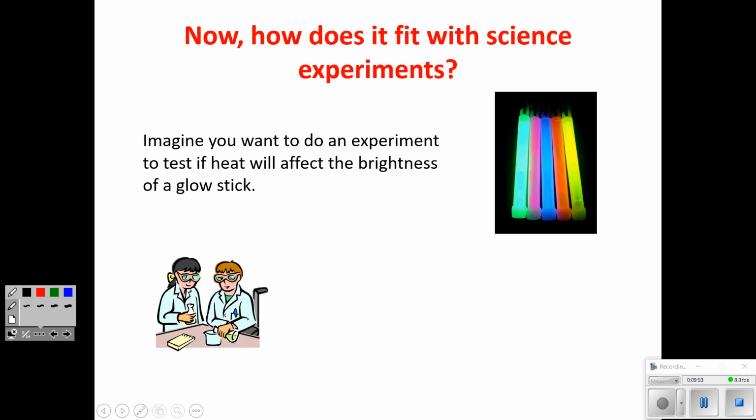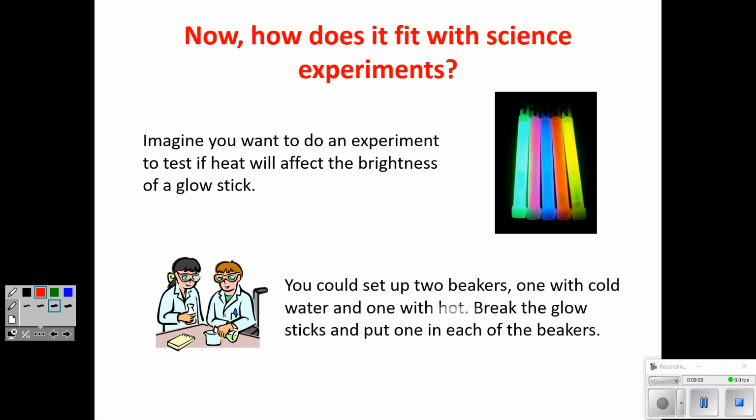So what you as the experimenter here are testing is the heat. So the heat is your independent variable. What you're testing it for, the brightness of the glow stick, that is your dependent variable.